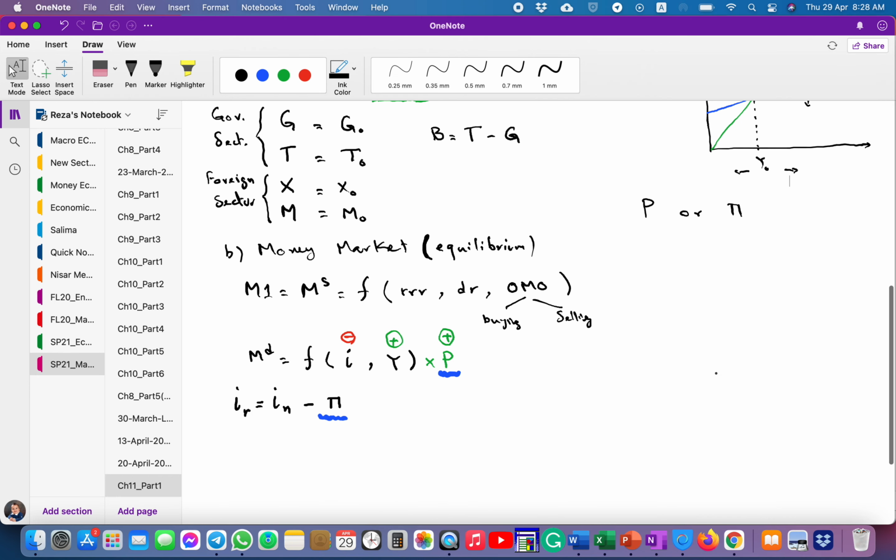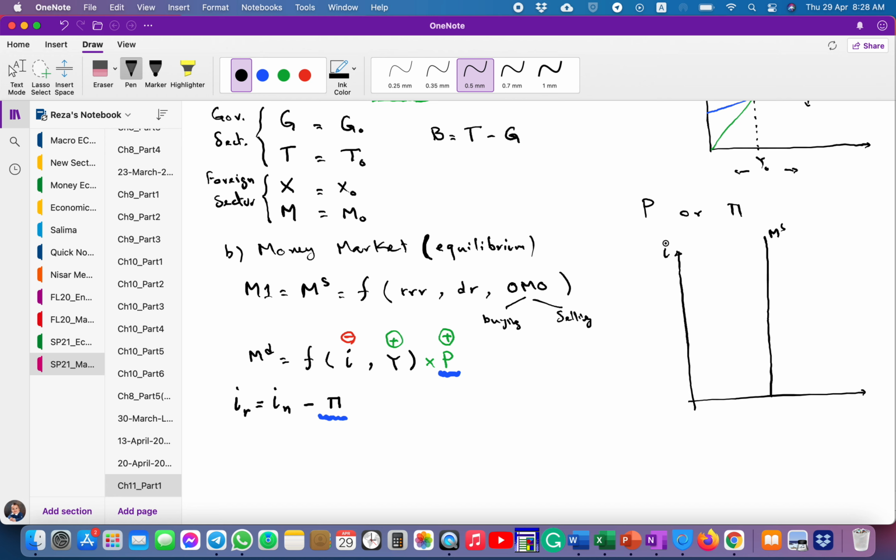In the money market, we have money supply, because it's a function of other things, so it's vertical. If we put the cost of borrowing, or the price of holding money, on the vertical axis, and the money supply on the horizontal, the money demand is downward sloping because it's negatively sloped.